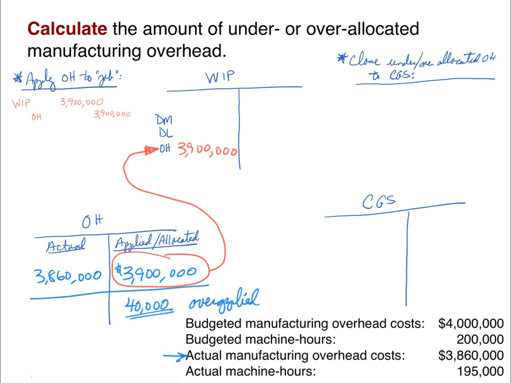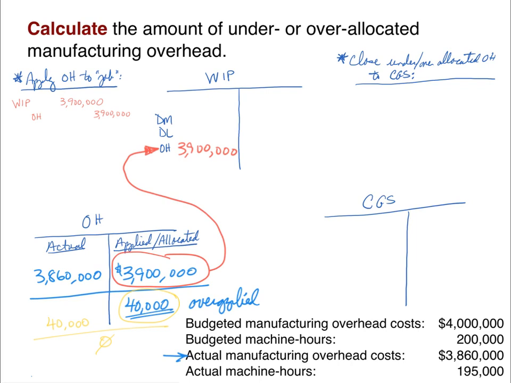Also, keep in mind, we do not want a balance in the overhead T account. So we want overhead to be zero. Well, if we have a credit balance of $40,000, we have to debit overhead to get rid of it. So now we have a zero balance here. If we credit something, we have to debit something.